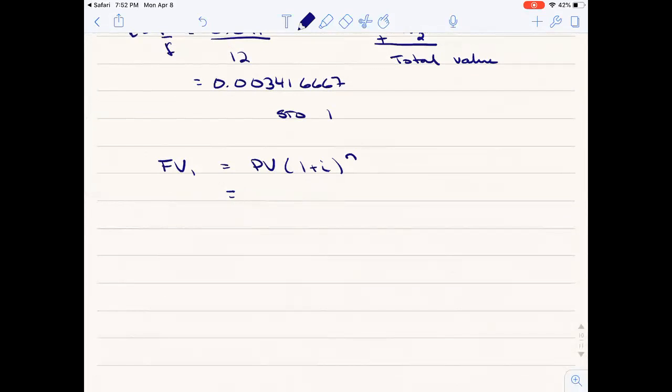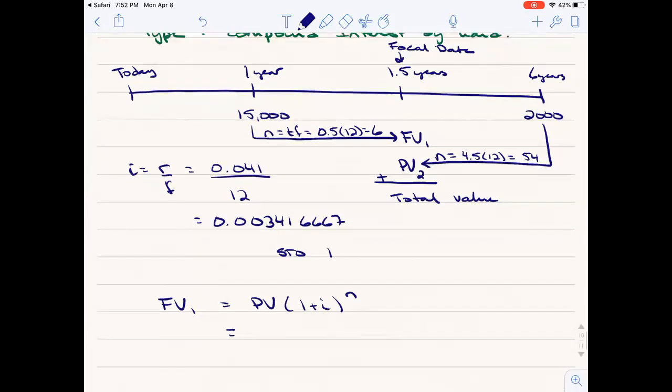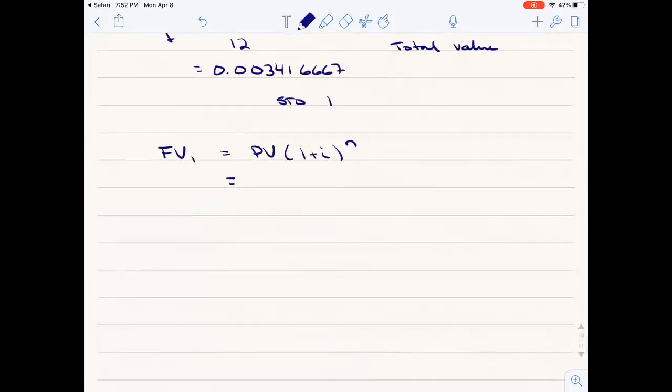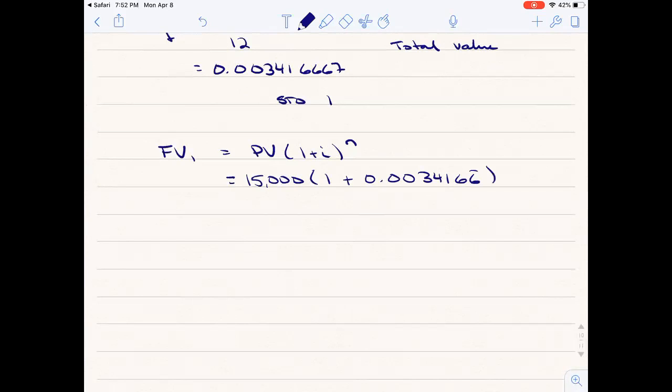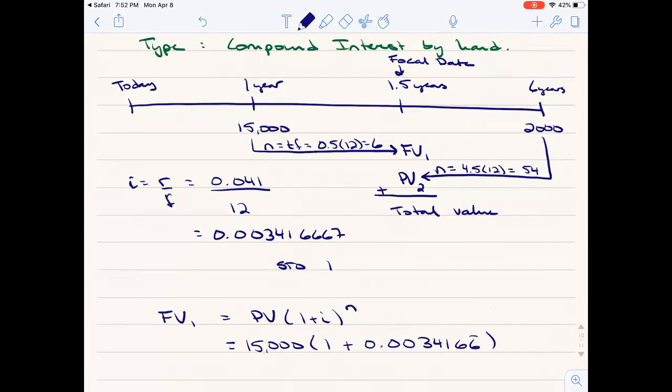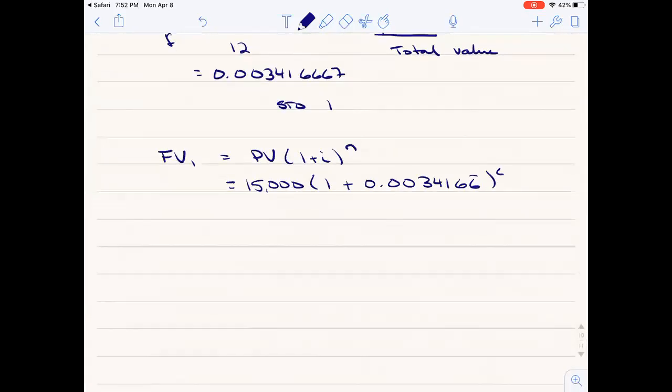Because we spent time on our timeline, right, we have all this information already. The present value for future value 1 is 15,000 times 1 plus 0.003416, repeating, to the power of n, which is 6.